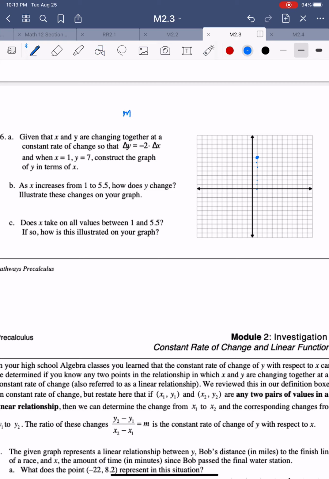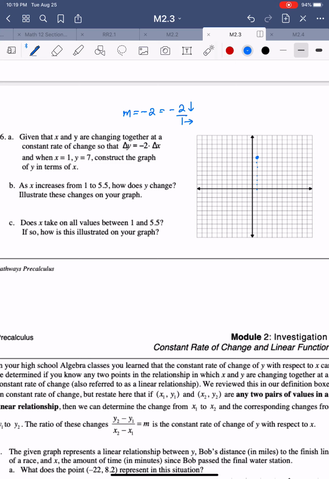Since the slope is negative 2, which is the same as negative 2 over 1, slope always gives us a direction, and it is always change in y over change in x. So there's a change of negative 2 on y and a change of 1 in x.